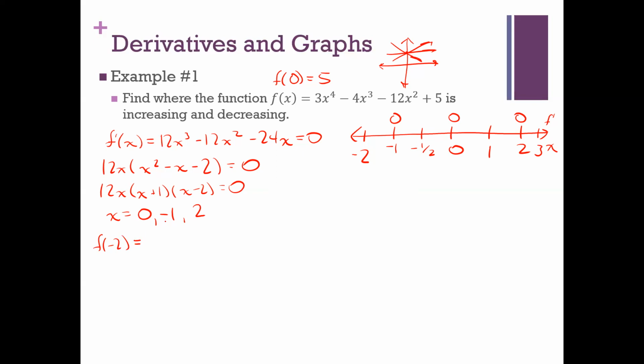What is f prime of -2? What was that? Negative what? Does it matter? Are we okay if I just write this? How do we know so quickly that that's negative?